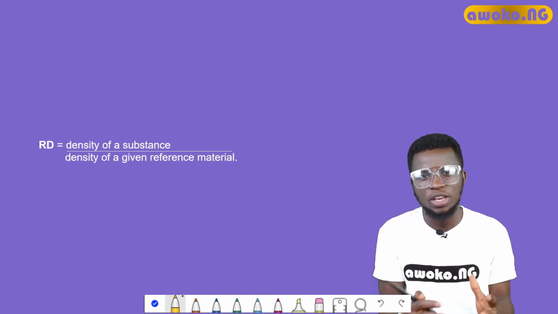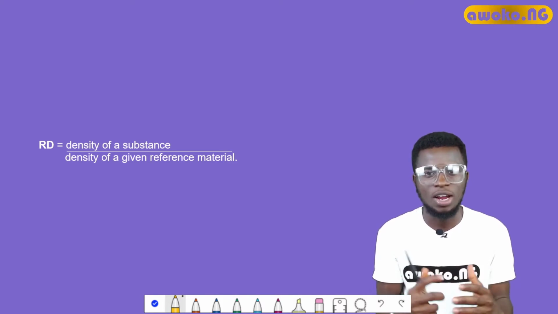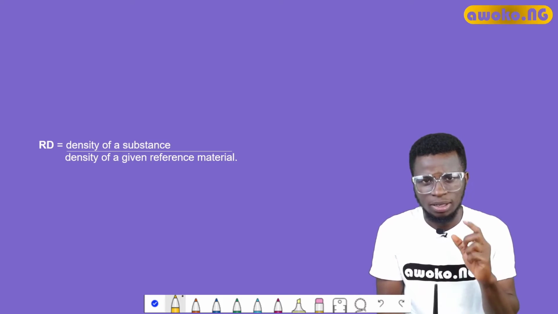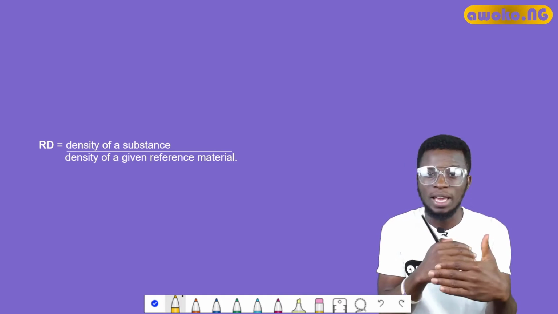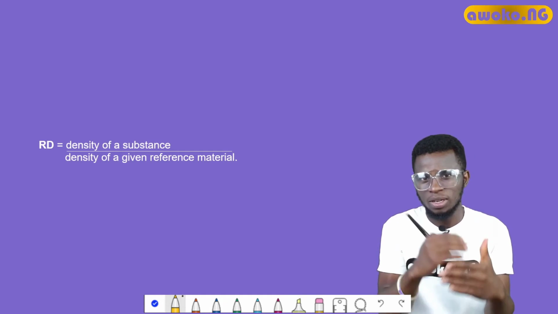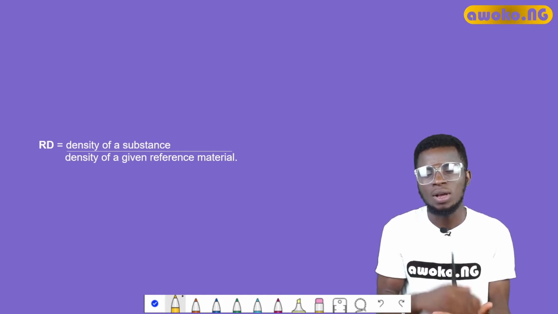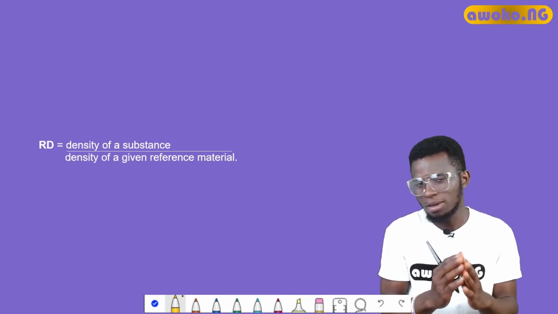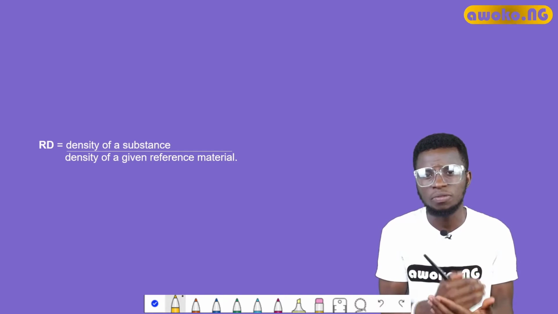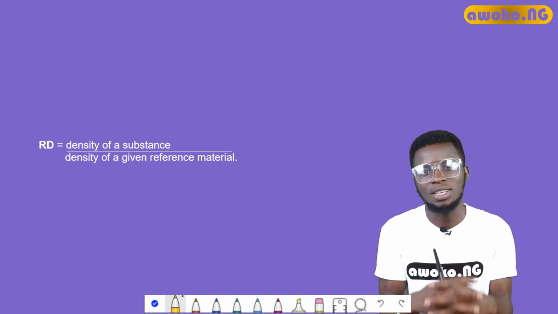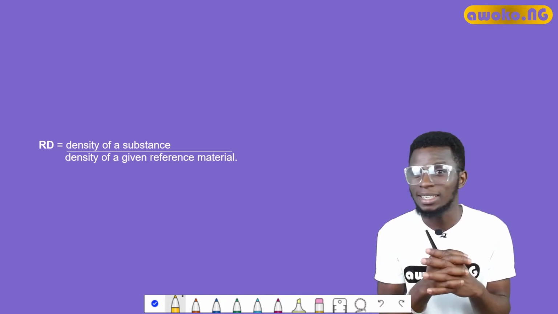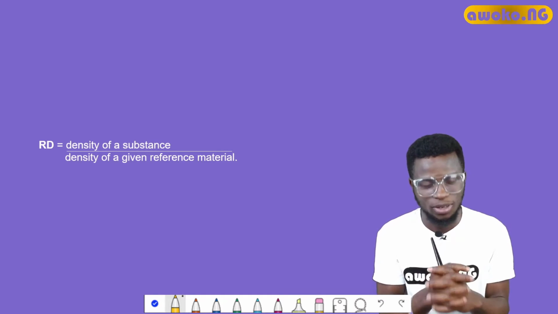So whichever way you would like to describe what relative density is, the most important thing is to note that it is the ratio of a particular characteristic of a substance relative to another reference material. And in most cases, the reference material is a universal solvent, which is water. I said in most cases, not in all cases.